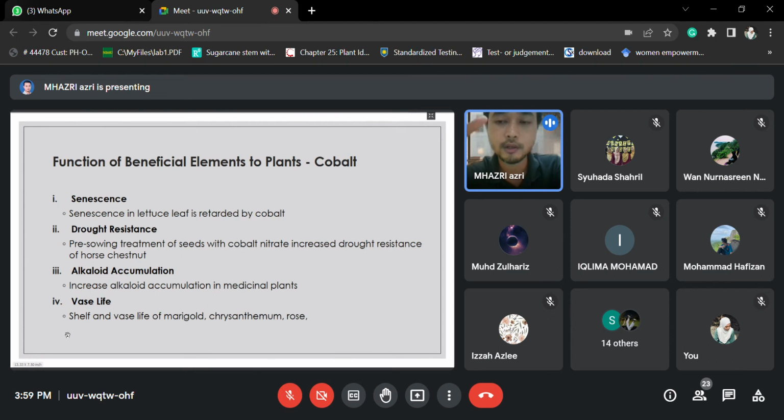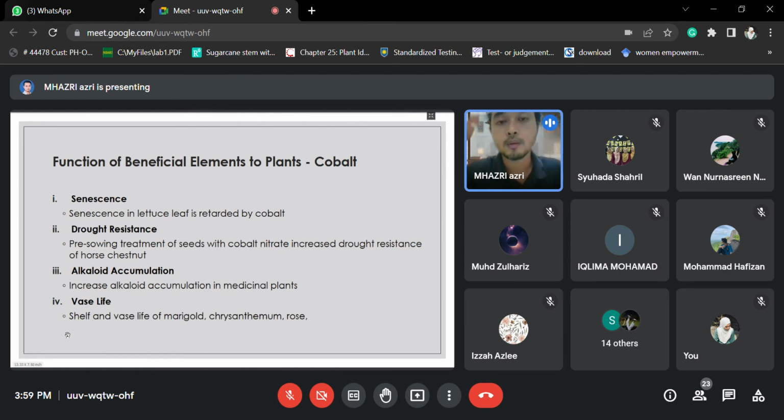Okay, alkaloid ni dia ada berbagai-bagai fungsi dalam tumbuhan. Salah satunya, it is used as anti-microbes in plants.